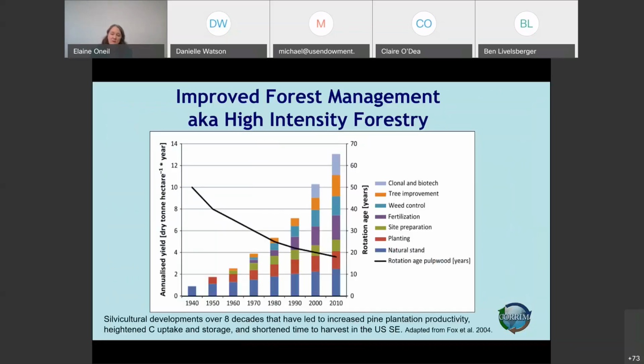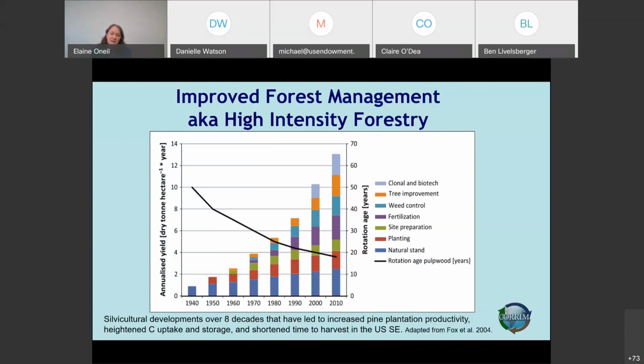The other thing that we're grappling with at the moment is, I'm going to call it, an allocation issue between the different producers. This chart is adapted from Fox et al. 2004, and it sounds like there were improvements since 2010 that are even more remarkable than this.